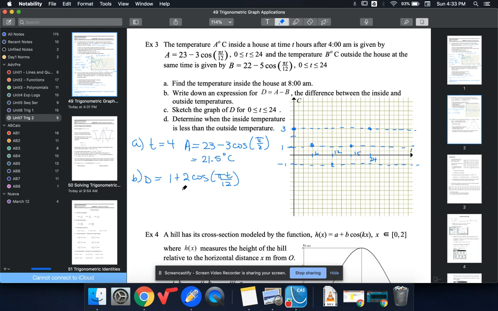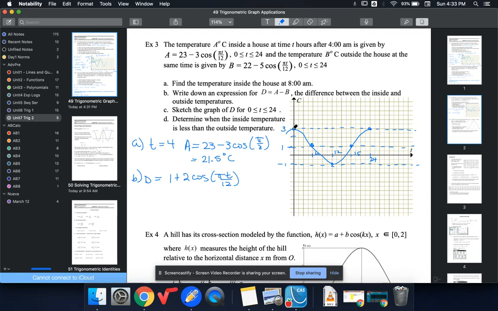All right, so sketching my graph still, max, middle, min, middle, max. So there's my 24-hour cycle. I can see that at the beginning at 4 a.m., so remember we said time 0 was 4 a.m., so this is going to be at 4 a.m. again.